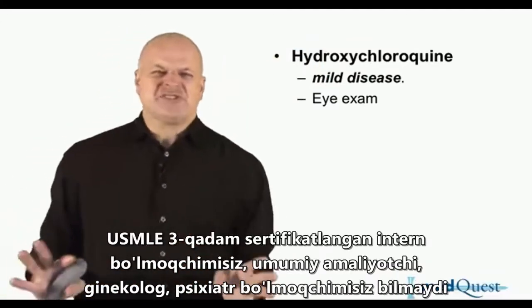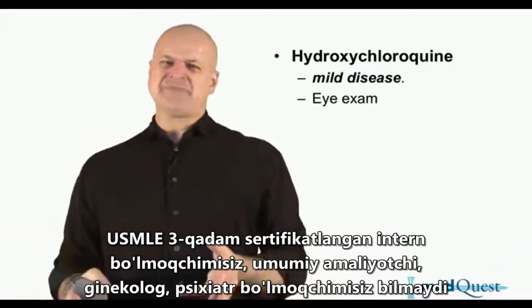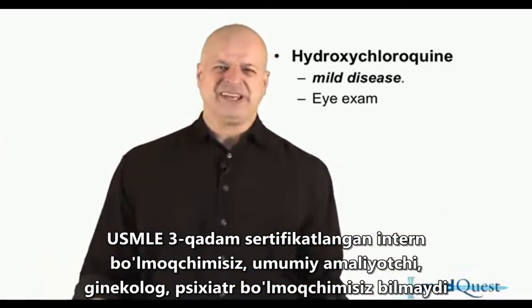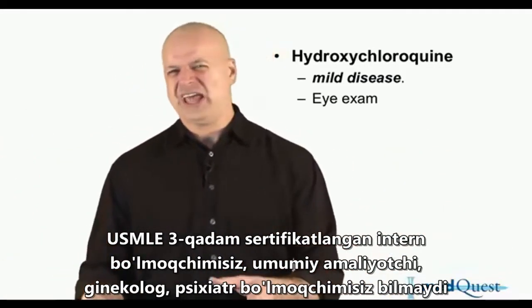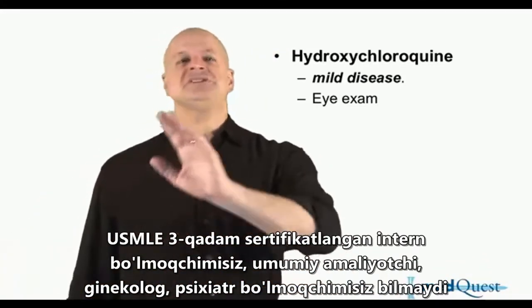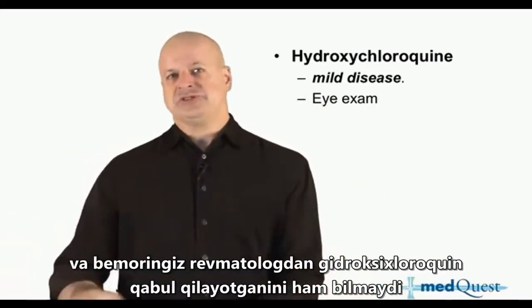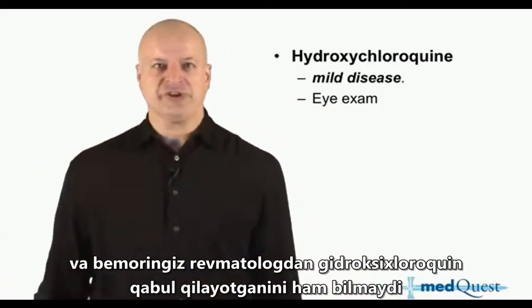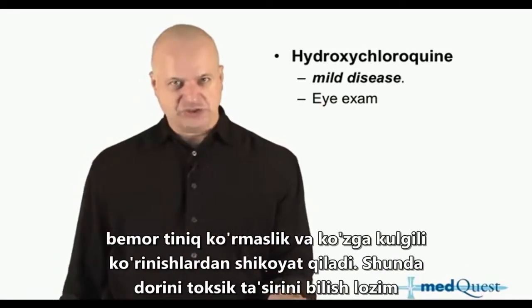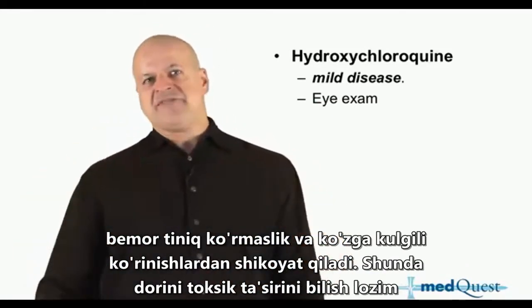So the Step 3 examination is like this. You're a general practitioner. Step 3 doesn't know whether you're going to be a board certified internist, a gynecologist, or a psychiatrist. But you're a psychiatrist, a gynecologist, or a family practitioner, and your patient who's on hydroxychloroquine from their rheumatologist starts saying they have blurry vision and funny eye findings.